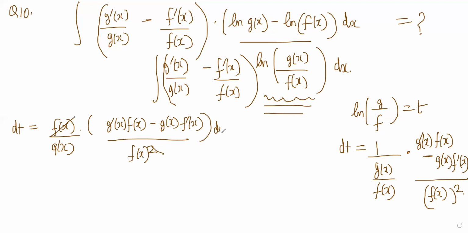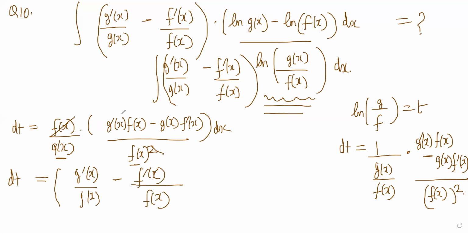cancels one square, and you get 1 by f x g x. Now if f x g x, you divide it, you get dt is equal to g dash x by g of x minus f dash x by f of x dx, because here f of x gets cancelled and here g of x gets cancelled. So notice that this is the same expression that was here.